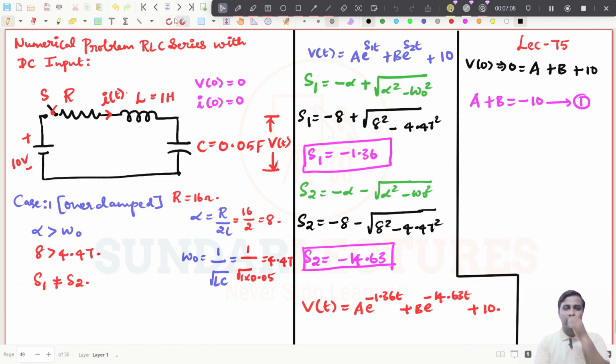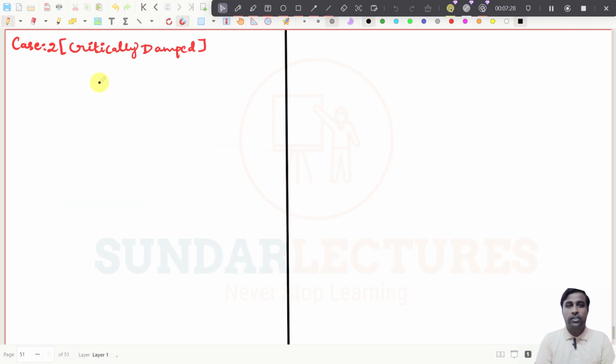So now we try to find the value. If it is the critically damped condition, then alpha should be equal to omega naught. Let me take that value and we try to solve the problem, and we will see what happens in the critically damped condition.